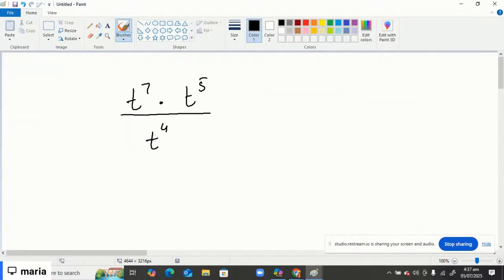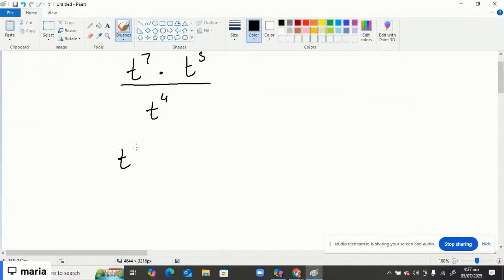First of all, we put this t power 4 from the denominator to the numerator, so it becomes t power 7 dot t power 5 dot t power negative 4, because when it moves up, it becomes negative.